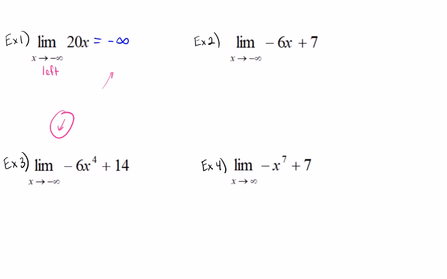So we'll get to negative 20,000, negative 200,000, negative 2 million, etc. We're going down and down forever, I should say, because we're talking about outputs. And so our outputs will approach negative infinity as our inputs get closer and closer to negative infinity.